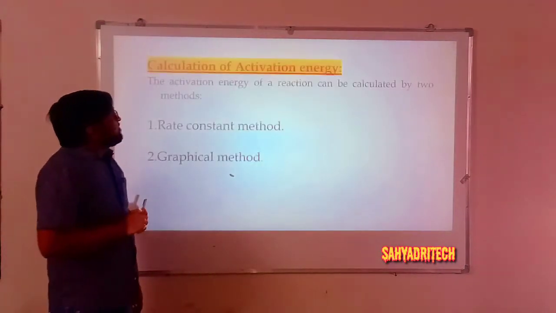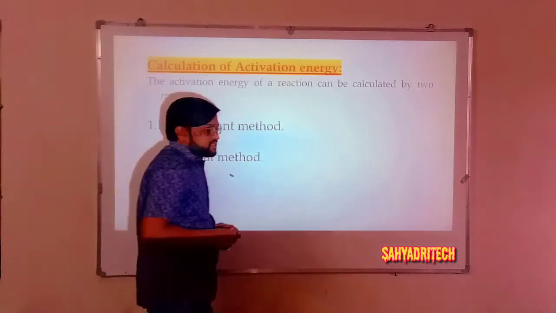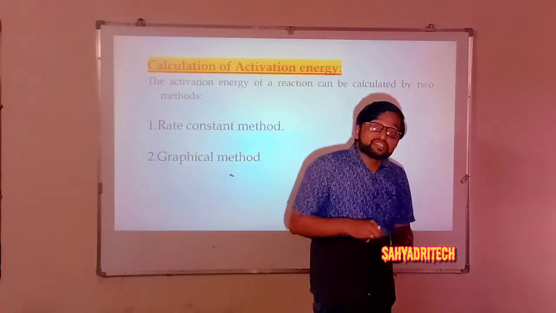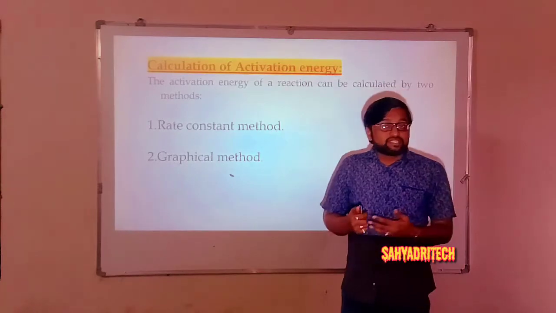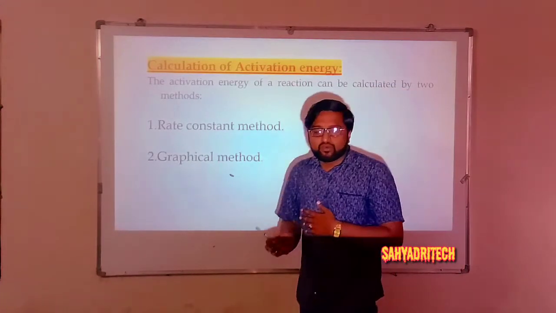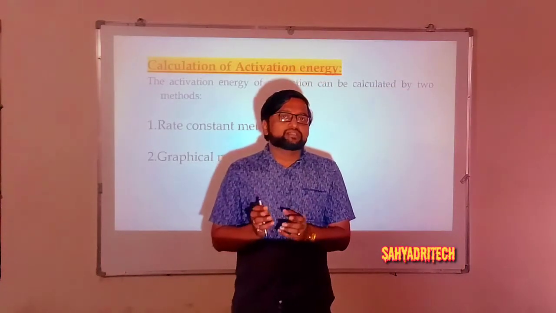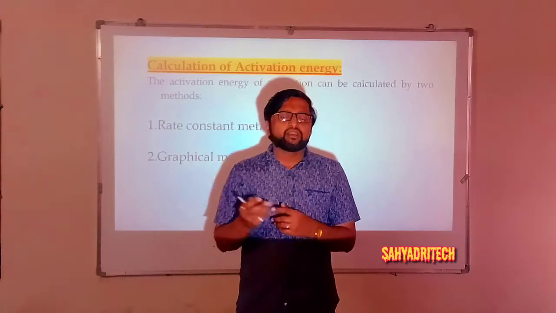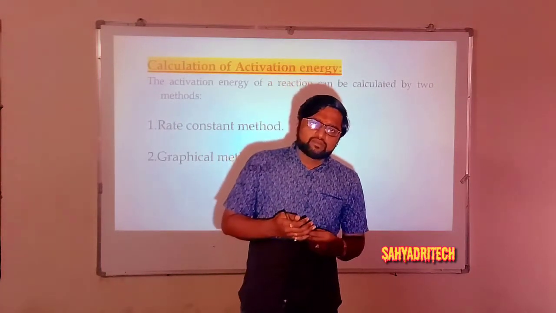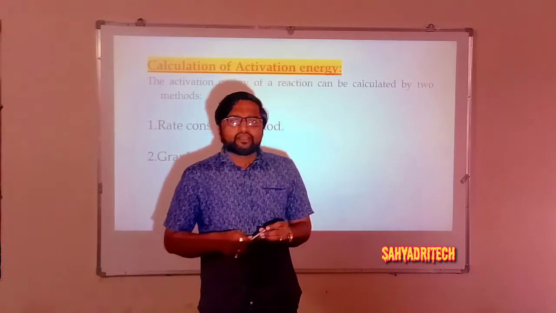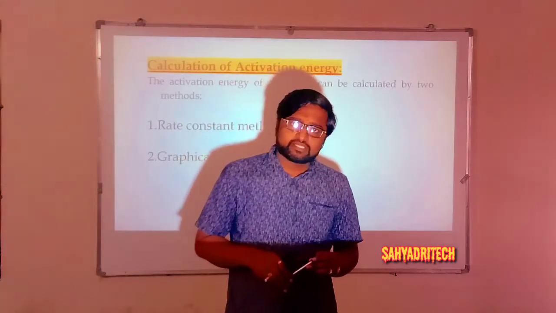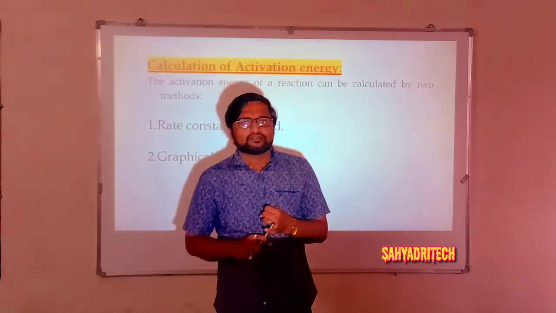Well, coming to the next concept, the calculation of activation energy. As we said, all reactant molecules are associated with a minimum energy that we call the energy of normal molecules. To give a product, they must possess a certain minimum energy called threshold energy.